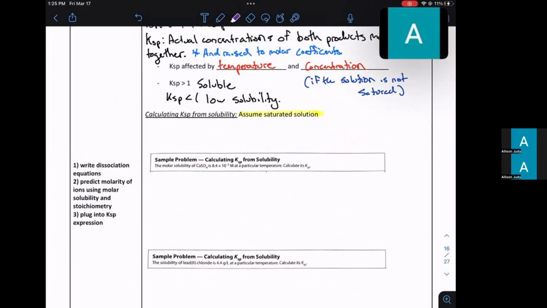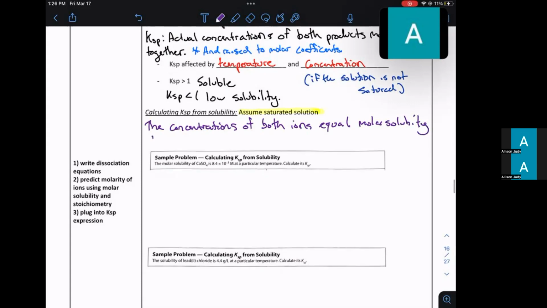The other thing that you can assume that's going to make this possible to solve is that the concentrations of both ions have to equal the molar solubility times their molar coefficient.